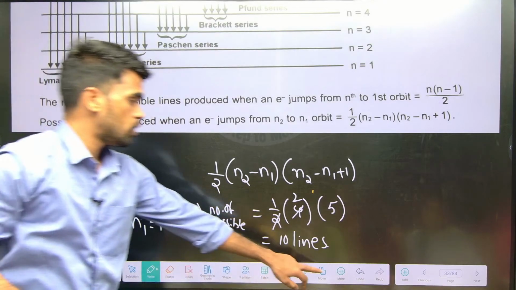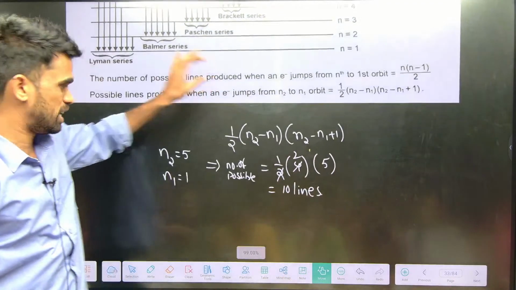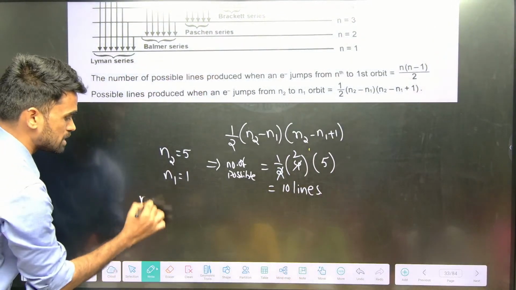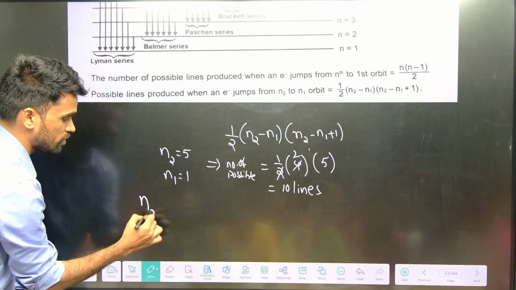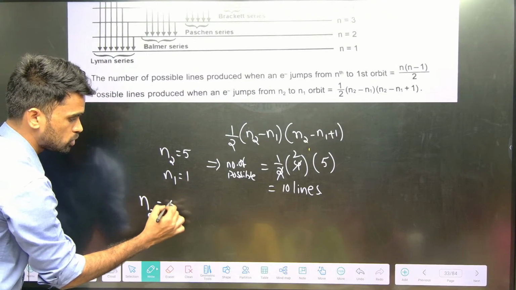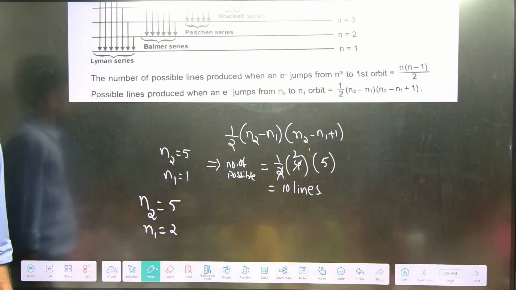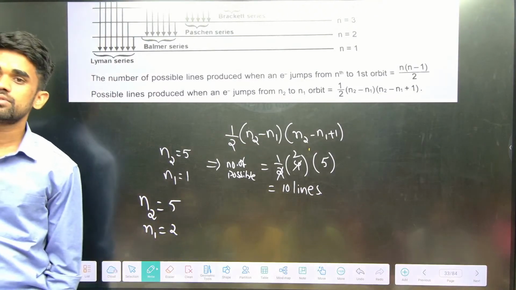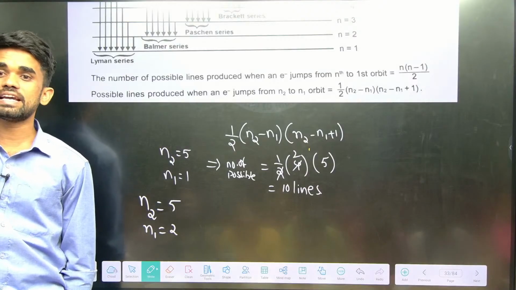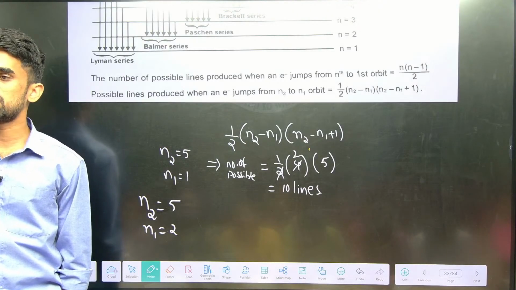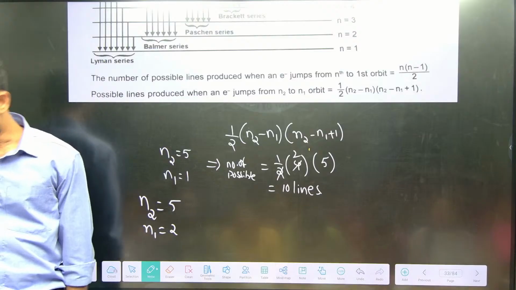Now I will ask you one more question. What is the number of possible lines when the electron falls from n2 equals 5 to n1 equals 2? From the 5th energy level to the 2nd energy level, how many lines are possible? It is simple maths.